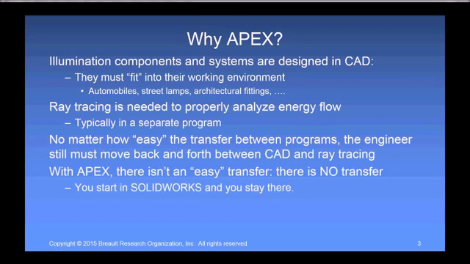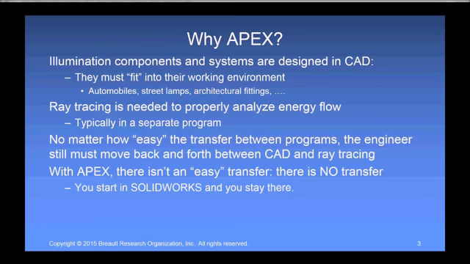Well, if we look at the world of illumination systems, illumination components and systems are designed in CAD programs because they have to fit into whatever environment they are part of. Whether it's an automobile, a street lamp or any type of architectural fitting, there is much more involved with the illumination design, with the luminaire, than simply where does the light go.